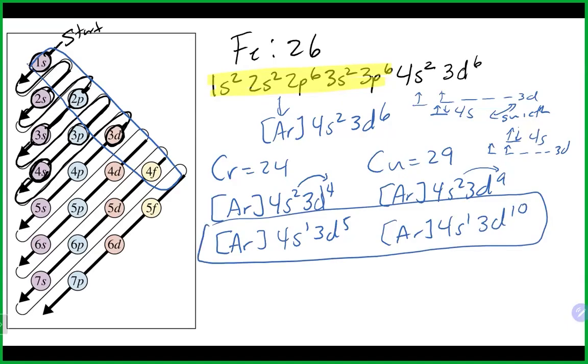That also fills up the d orbital there for copper, and when it flips over, it'll have that one electron hanging up there in the 4s, which makes it a little bit more stable. So those are two that you are responsible to know, chromium and copper.